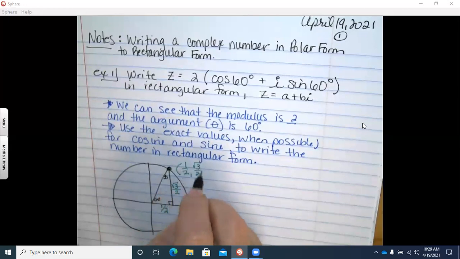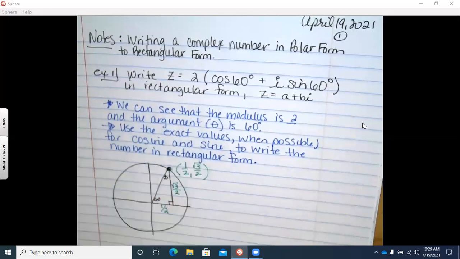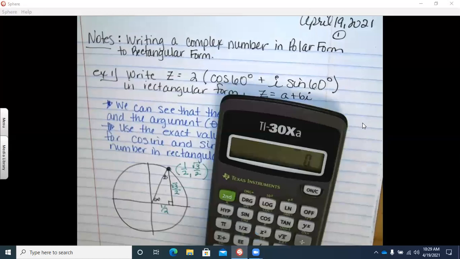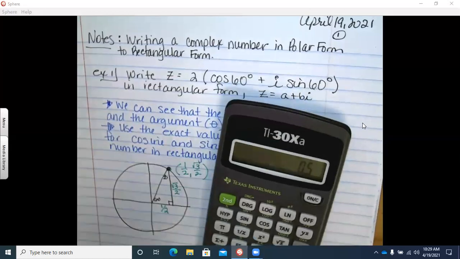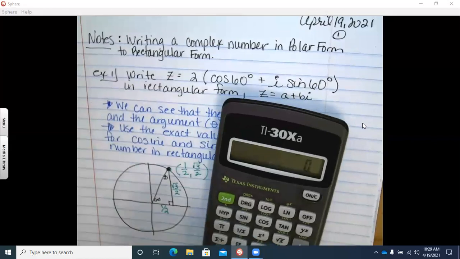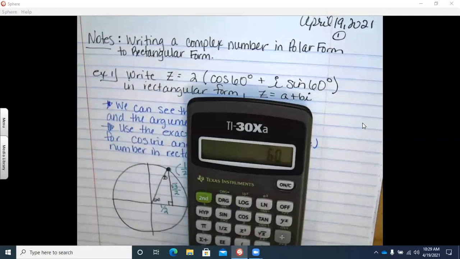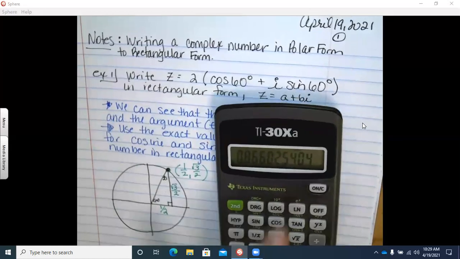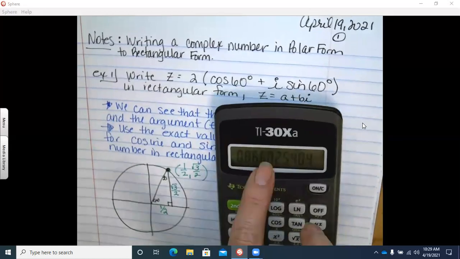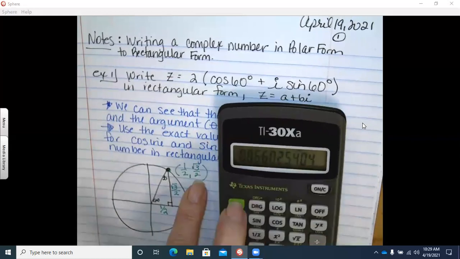Now, for cosine of 60, the calculator says 0.5, 1/2, same thing. But for the sine of 60, it would say 0.866 approximately. It wouldn't say square root of 3/2. So this would be the rounded value. Square root of 3/2 is the exact value. So if we can find the exact value, that's what we want to use.